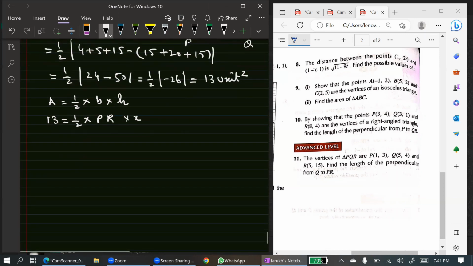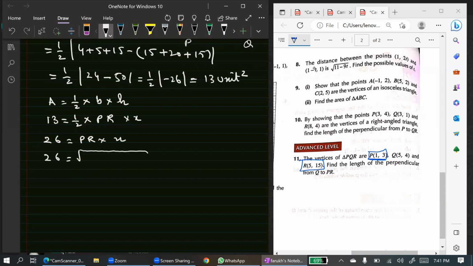Now we have the coordinates of P and R. This one is P and this one is R. So 26 is equal to PR into x.